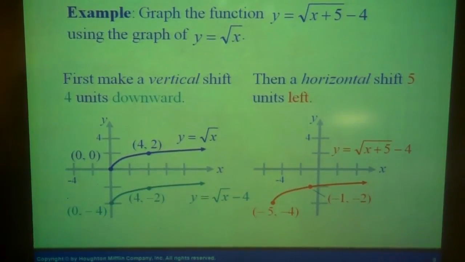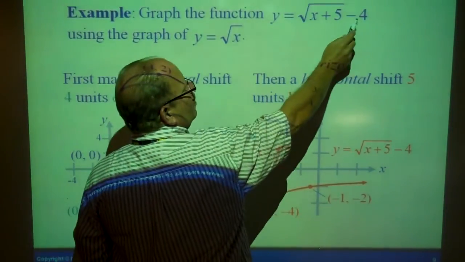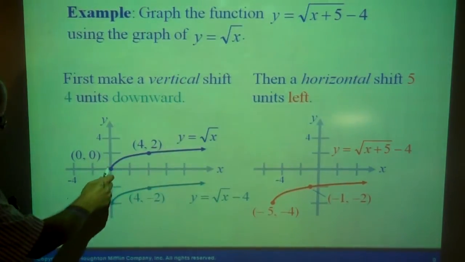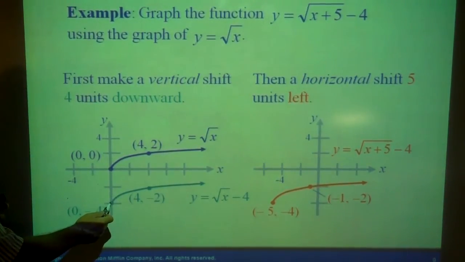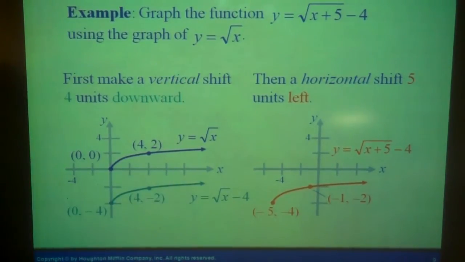And here would be our new graph. So we shifted down 4 and back 5. Down 4, and then we take this and shift it back 5. And here's the graph of the square root of x plus 5 minus 4.